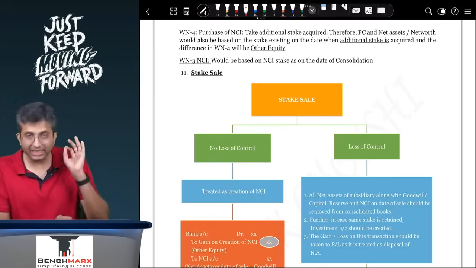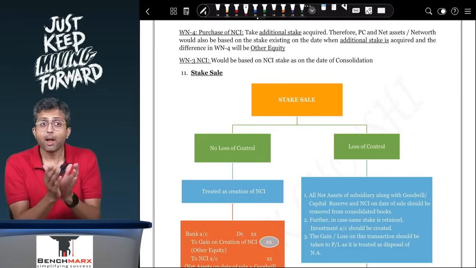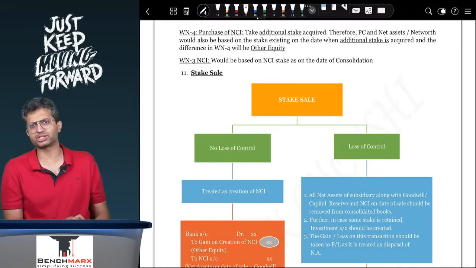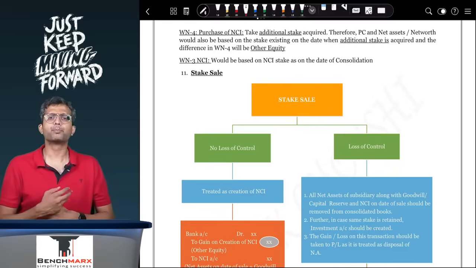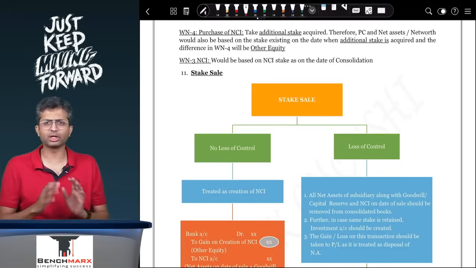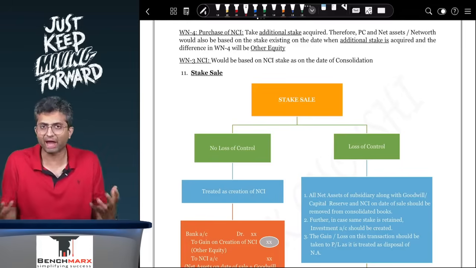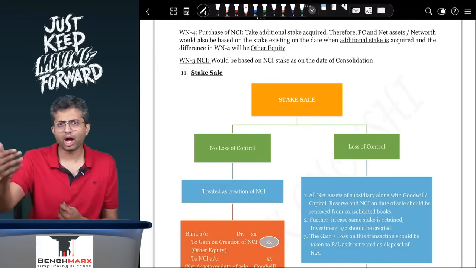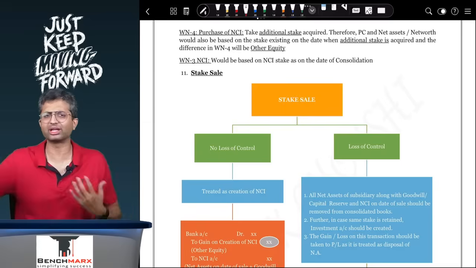Here you need to be very careful that while you're creating NCI, you will create NCI by including net assets as well as goodwill as on the date when the stake sale happens. A lot of students over here believe that if NCI is created using proportionate net assets or partial goodwill method, we will not add a share of goodwill. Typically yes, but in this case you will have to add, because if I had a 90% stake, when I took the 90% stake, I would have recorded goodwill for my share, that is 90%.